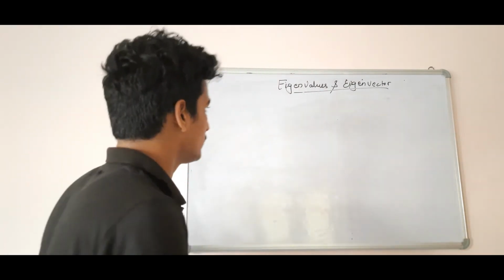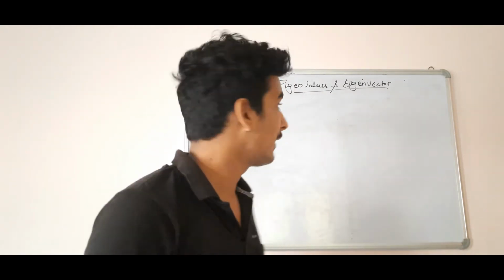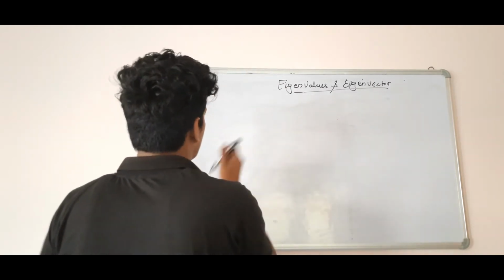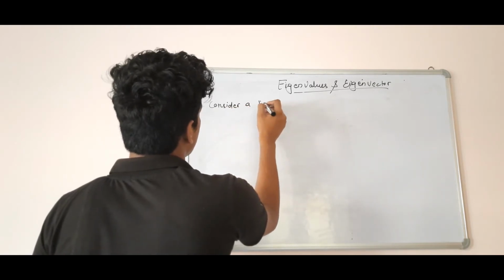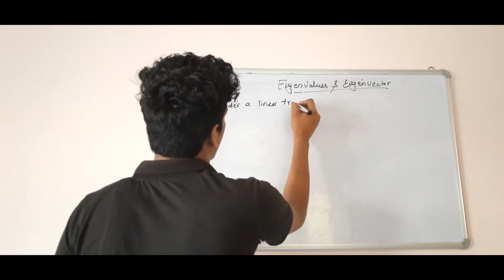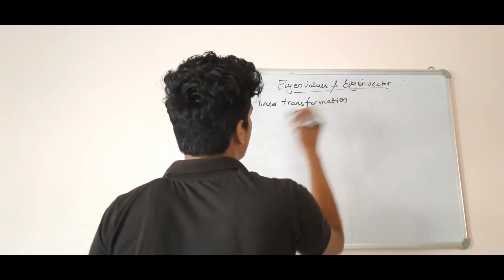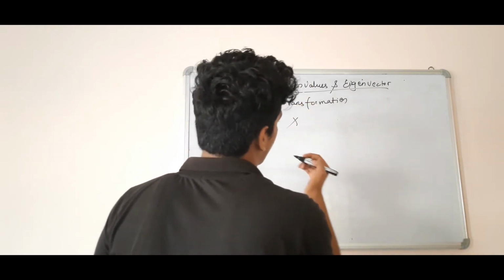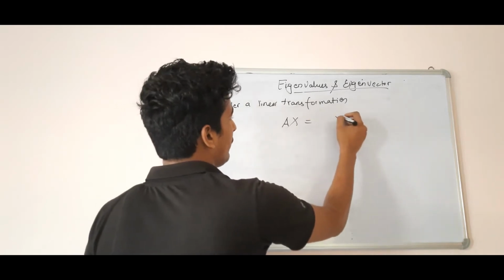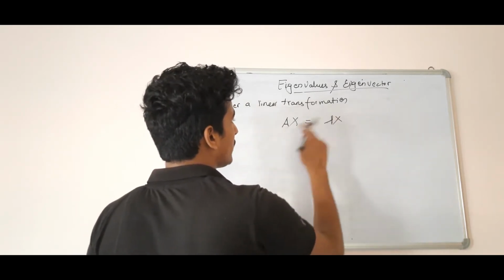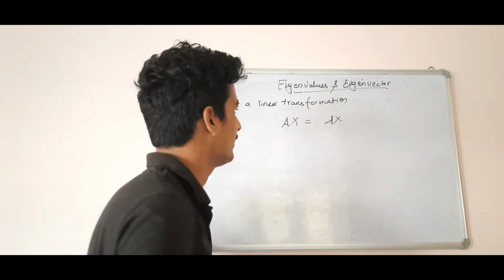So let's suppose a simple transformation, and the transformation can be carried out by an operator. So consider a linear transformation. There is a state x, and after the matrix A operates, the state becomes lambda x. This is a transformation, from x to x, just a quantity lambda multiplied to this state.